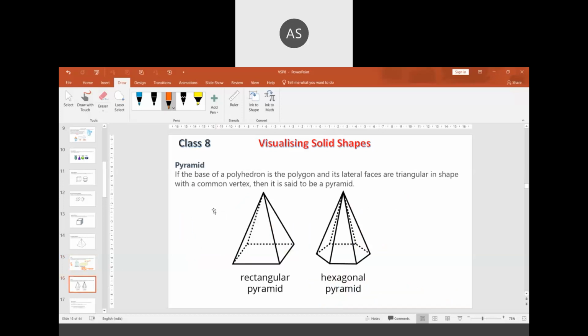These are a special shape. They are called pyramids. A pyramid will be having all the faces meeting at one point. This point is called the apex. Here you count the number of faces.